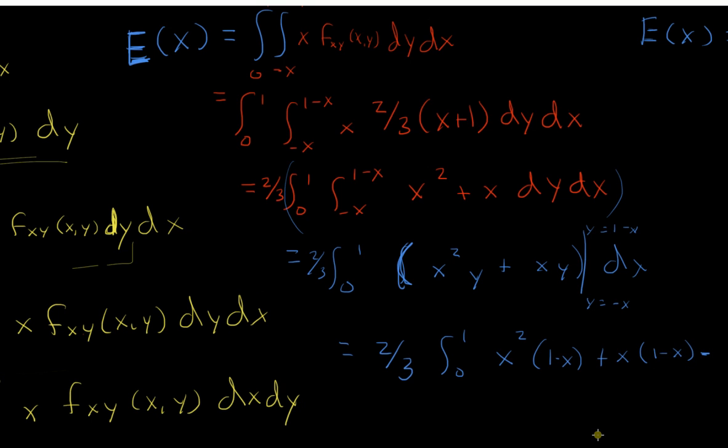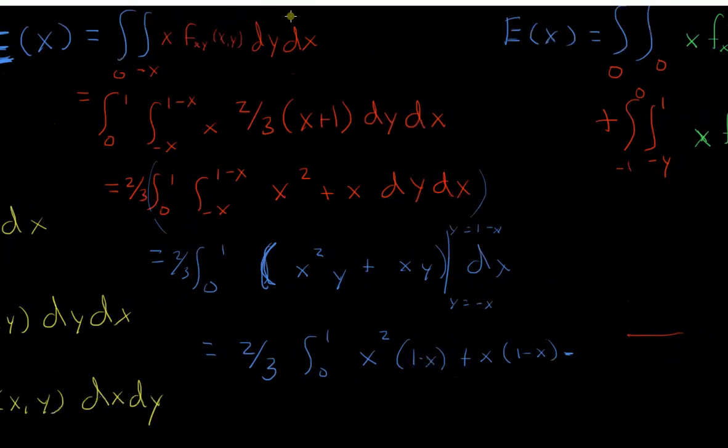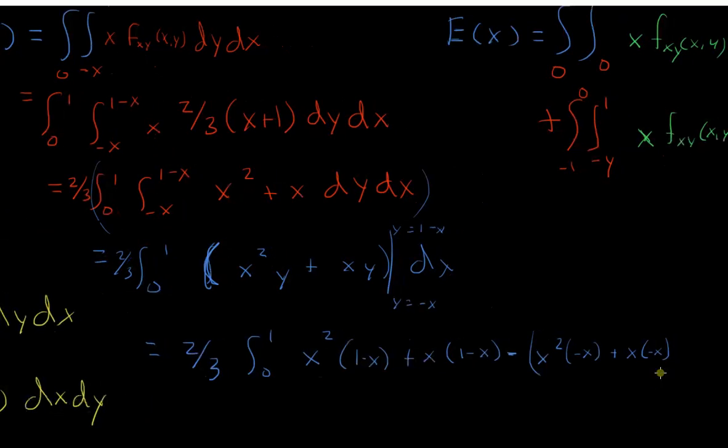Then I need to do subtraction, subtracting the lower limits. So I'd have x squared, plug in a negative x now for y, plus x times negative x. And I still need to do my integration with regards to x, so this is 2/3 from 0 to 1.